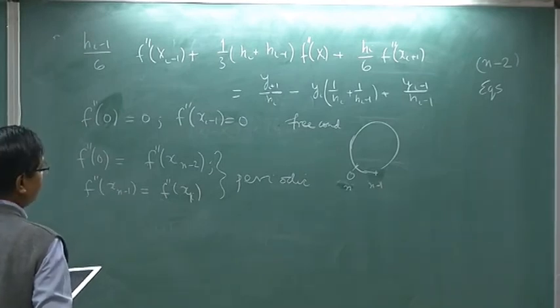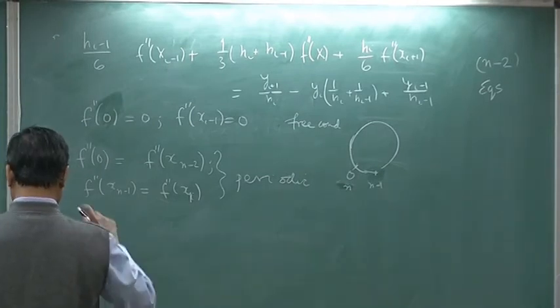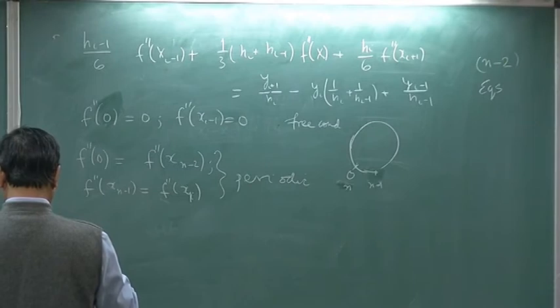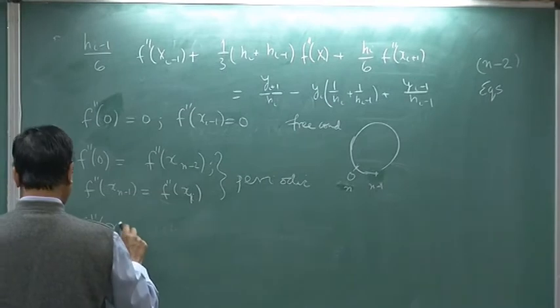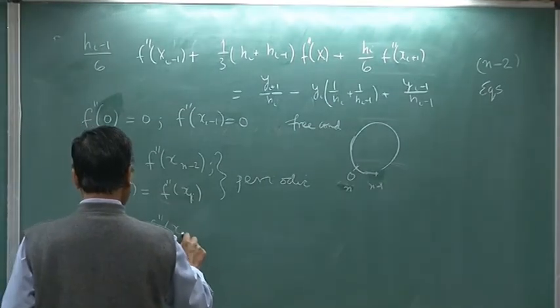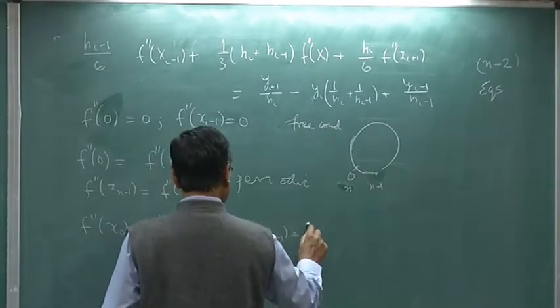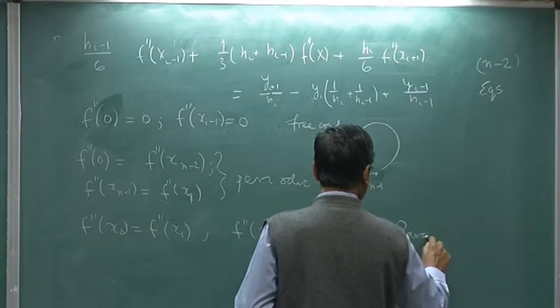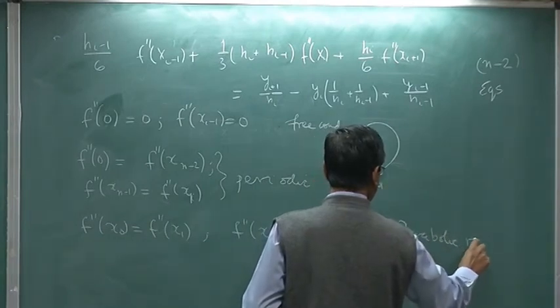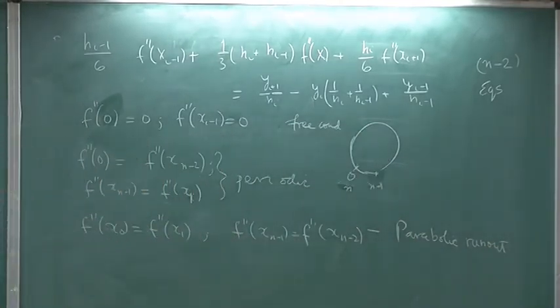And we can also have some other conditions. This is called parabolic runout. The third condition is f triple prime at 0. Since the double derivative is equal at two consecutive points, my function will be parabolic, the derivative is constant, so it's parabolic near the end.